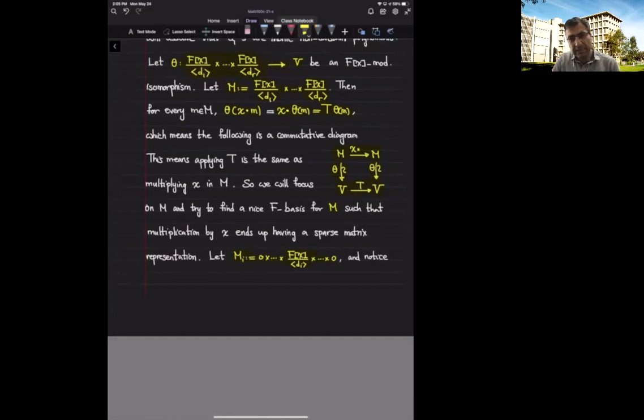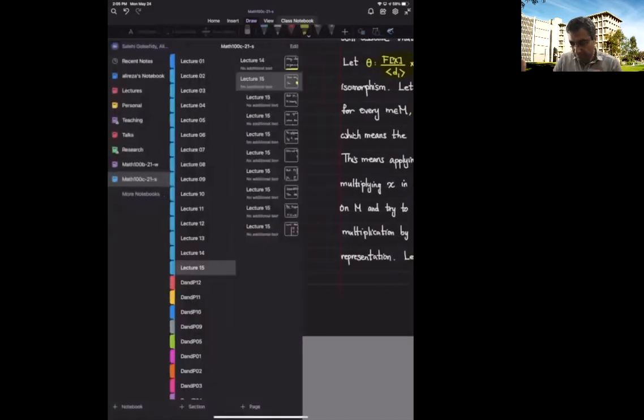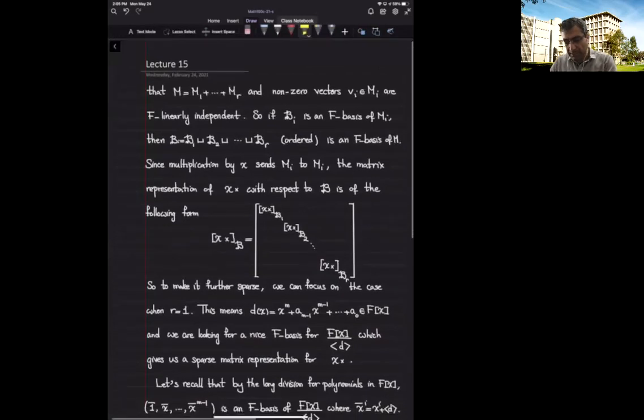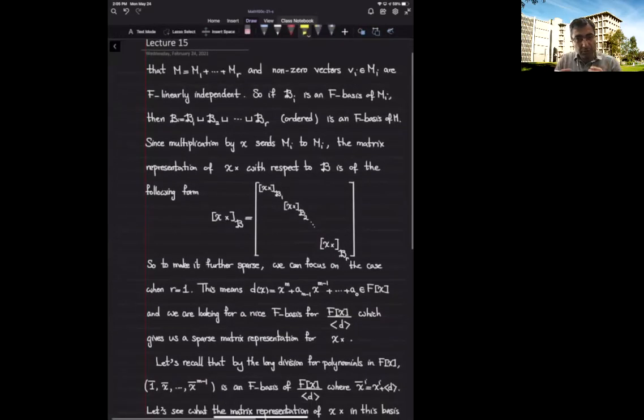That means if I choose a basis for M1, a basis for M2, and so on till M sub r, after putting them together, I get an ordered basis for the entire M. If I want to show that they form a basis for the entire M, I need to show that they span M and that they are linearly independent.